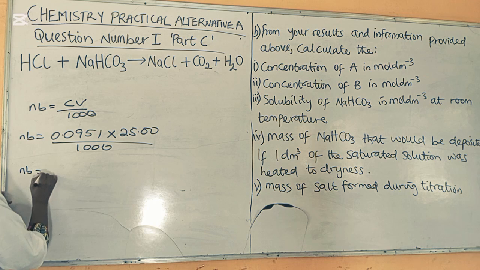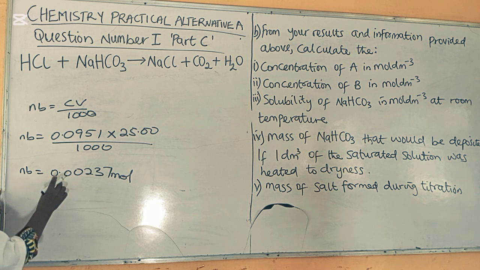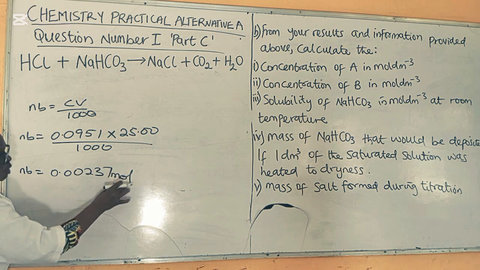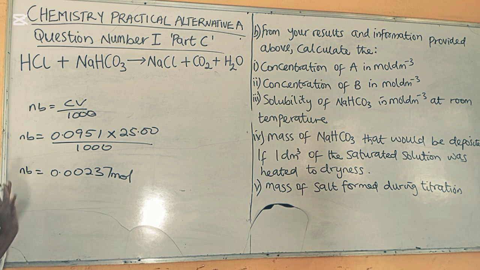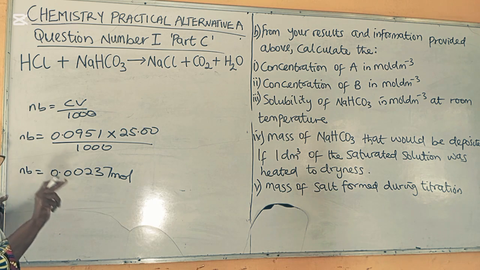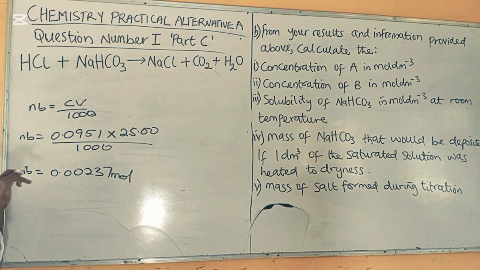Therefore, NB is 0.00237 mole. That is the amount in the 25 cm cube of the base used during the titration. And the mass of the salt formed will depend on the amount of the base used. But if we had used 1 dm cube of the base, we should expect a large quantity of the mass of the salt.